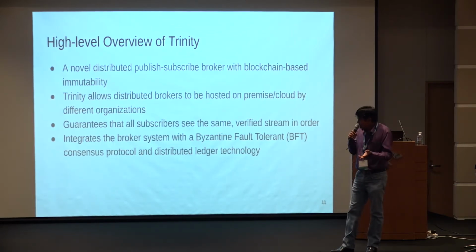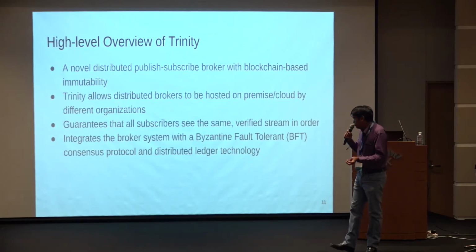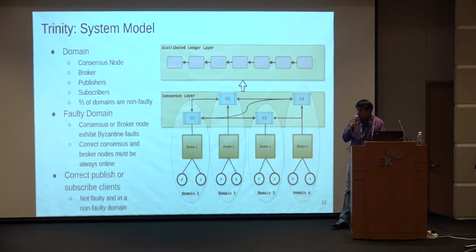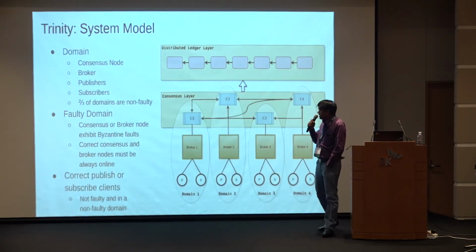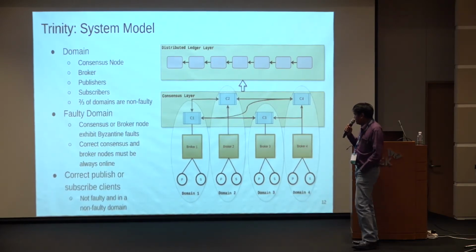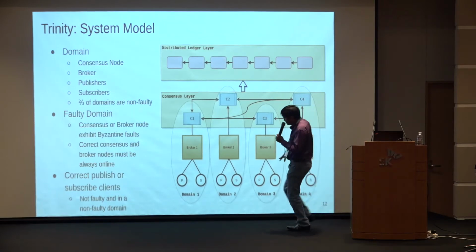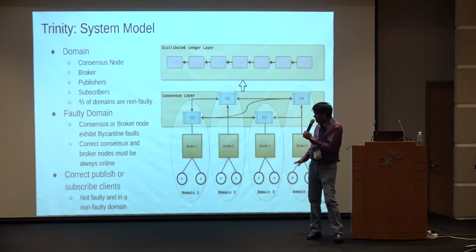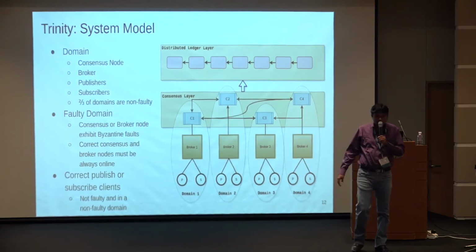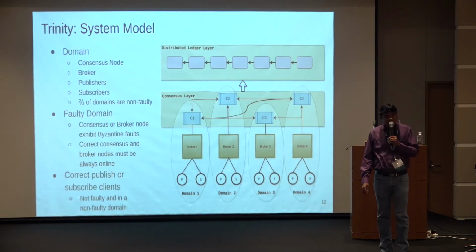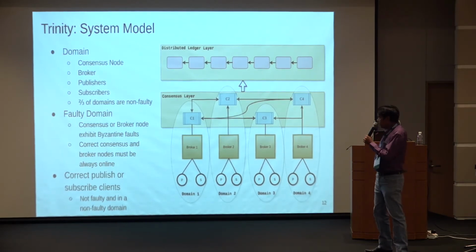The way we achieve this is by integrating the broker system with the Byzantine fault tolerant consensus protocol and distributed ledger technologies. This is the system model of Trinity that we follow. We consider multiple domains, shown in the slide. Each domain consists of a broker, a collection of publishers and subscribers, and a consensus node that is responsible for achieving consensus.